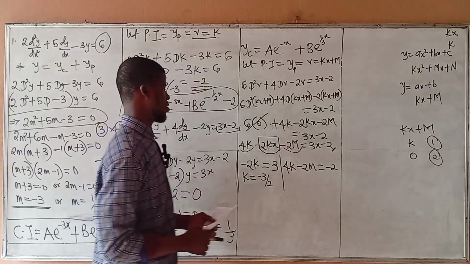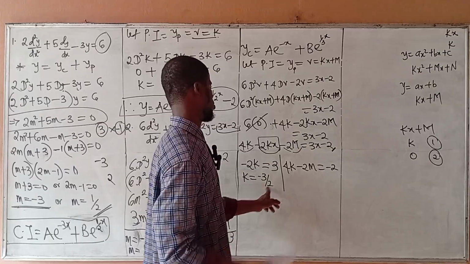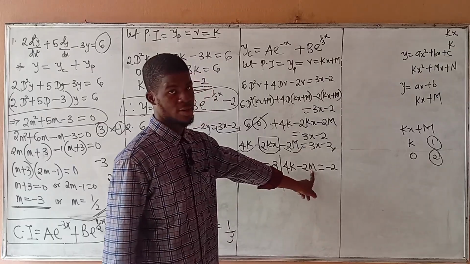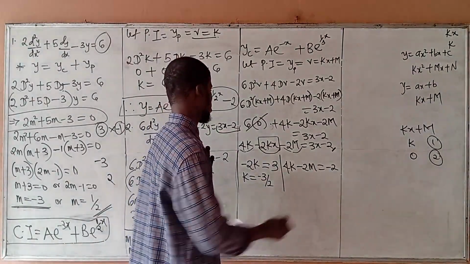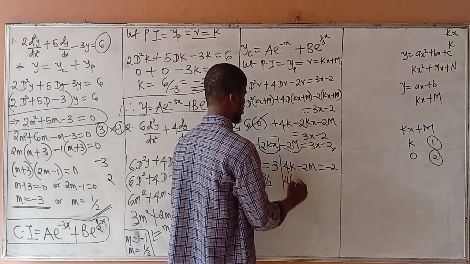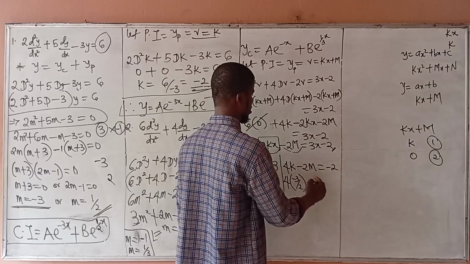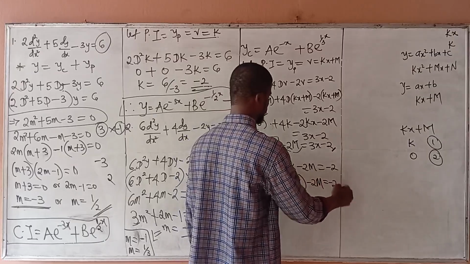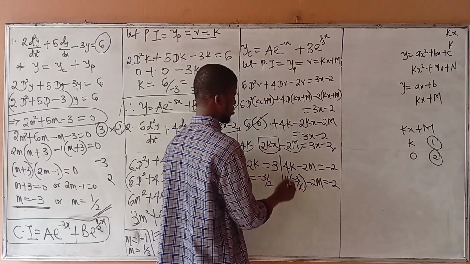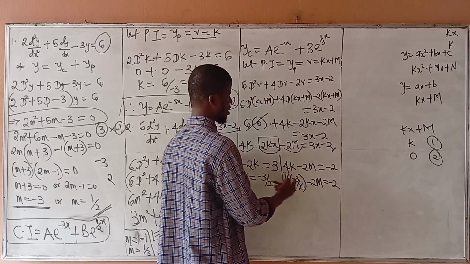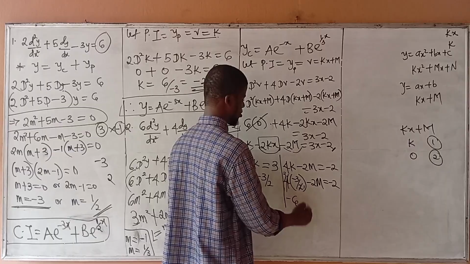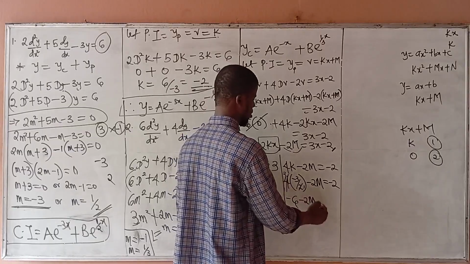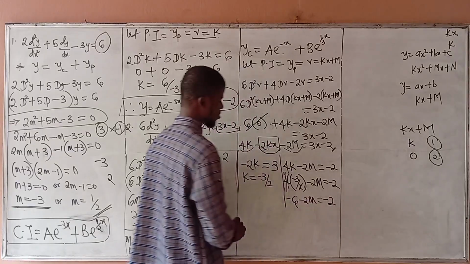Yes. So if k is minus 3 over 2, we now have to use this to get n. That's the idea. So look at it. This will be 4 times minus 3 over 2 minus 2n equals negative 2. 2 here is 1, 2 here is 2. 2 times minus 3 is minus 6, minus 2n equals negative 2.